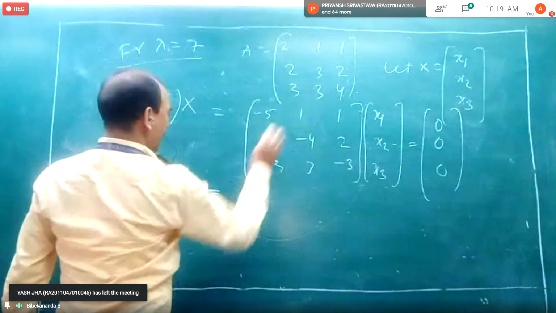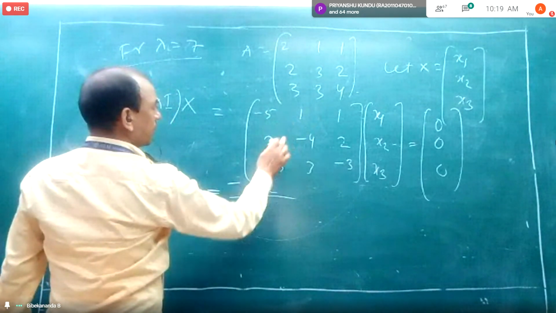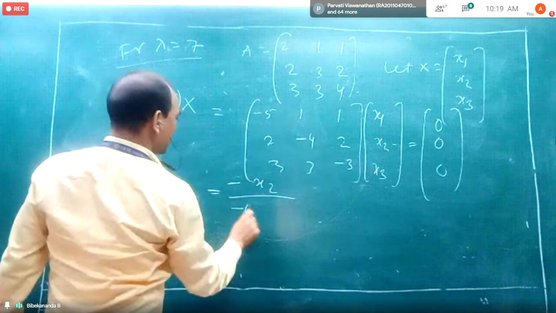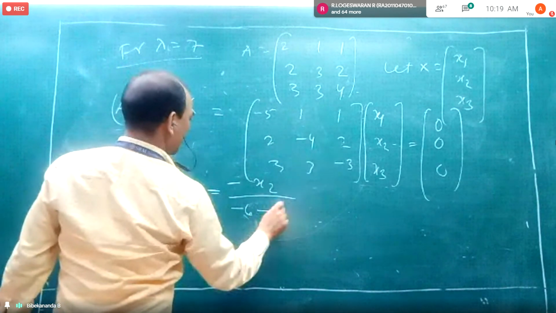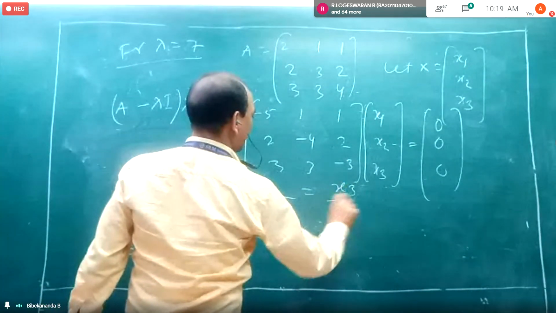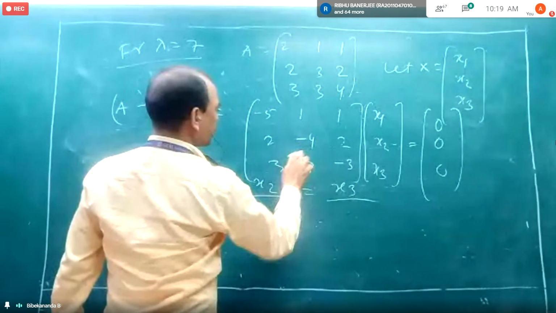For this position x2 will be negative, and then what will be the element? This column, this row will be not there. So minus 6, and minus 2 is 6, so minus 6. Okay, and then what will be x3? This column, this row. So 6 plus 12, that is 12.